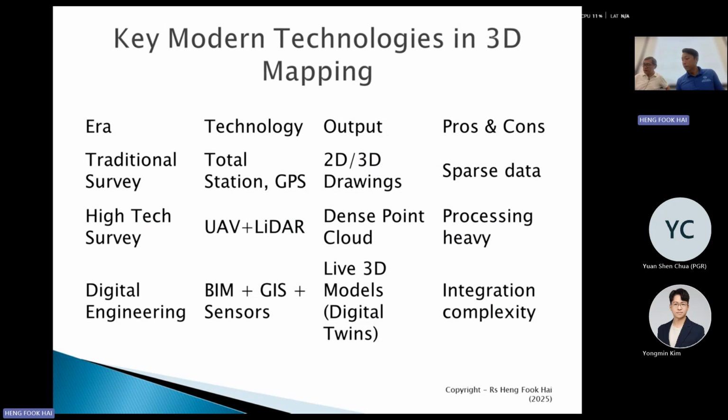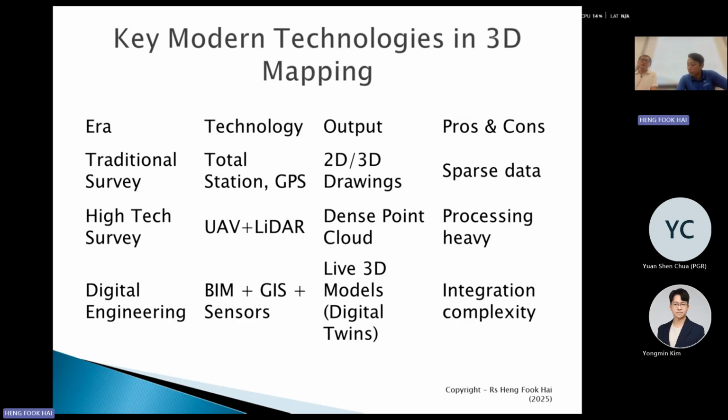Okay, the technology we are using depends on the skill and the precision that we need. So we have a few types of technology. The traditional survey, which is the total station and GPS. I presume your earlier classes, the lecturer has taught you how to use the total station and probably the GPS. However, the disadvantage is that the collection of data is very sparse.